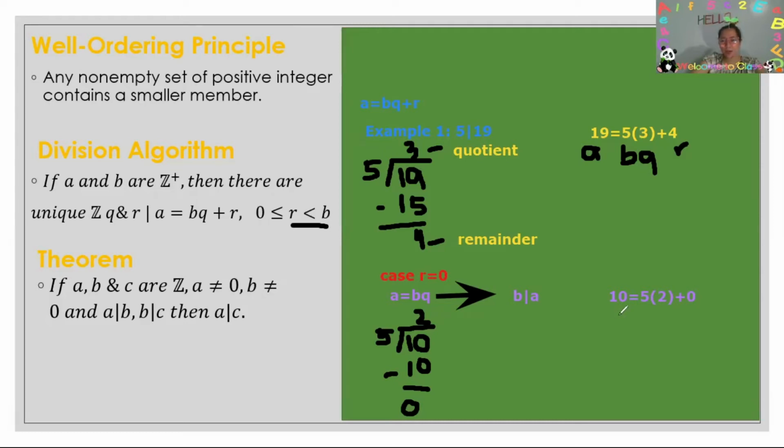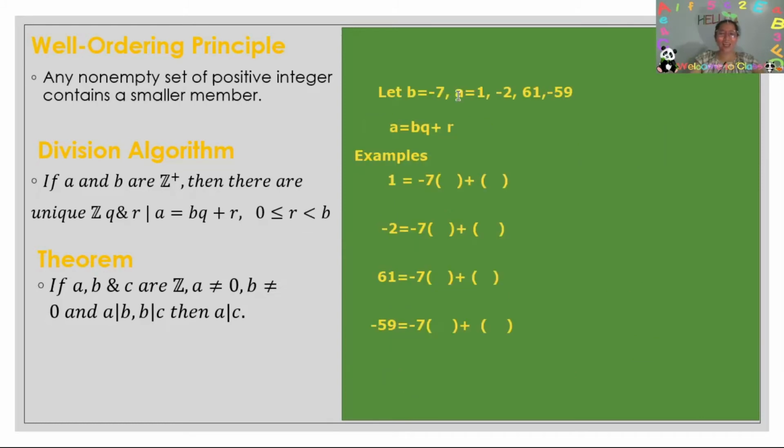This will be our A, this is the B, this is the Q, and the R. In this case, we write B divides A, so 5 divides 10, and that is for the division algorithm. So here are the examples that we have.